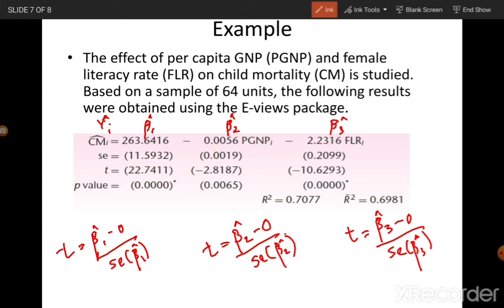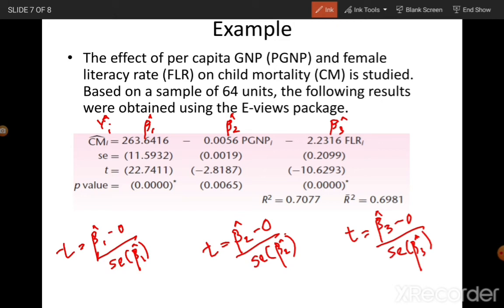So once again, to recollect from the earlier lectures, you can either assume an alpha level of significance of 5%, 10% or 1% for that matter, and accept or reject your null hypothesis, or you can decide on the basis of the p-value.